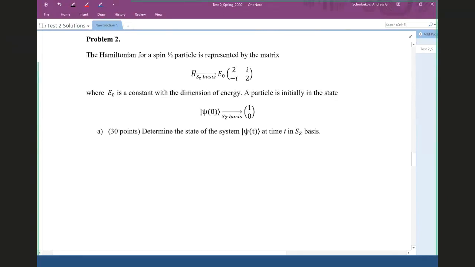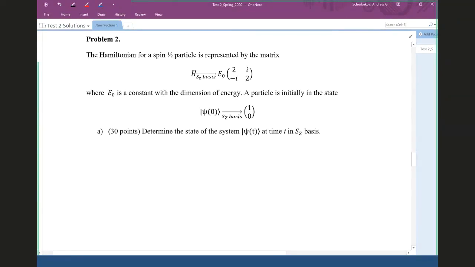Again, in short, remember, how do we do that? What's our algorithm? First, we find eigenvalues of the Hamiltonian. Then we find eigenstates of the Hamiltonian. Next, we will represent the given initial state psi at time 0 in the basis of eigenstates of the Hamiltonian.